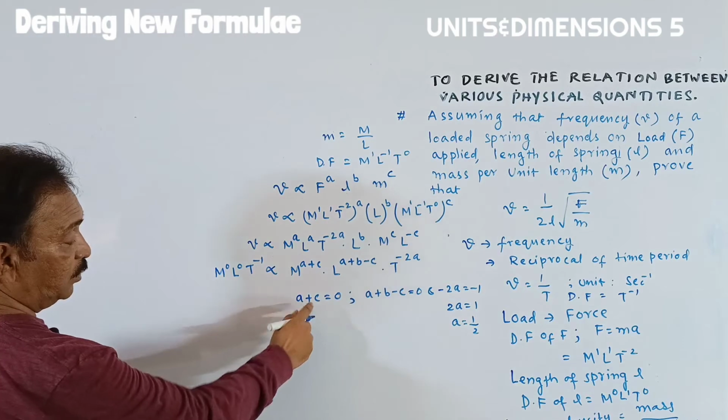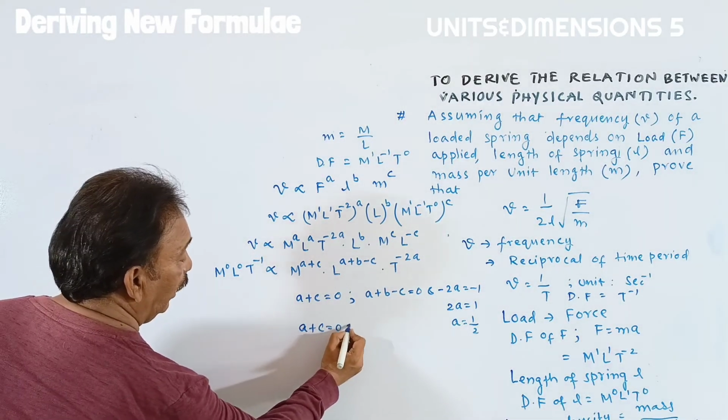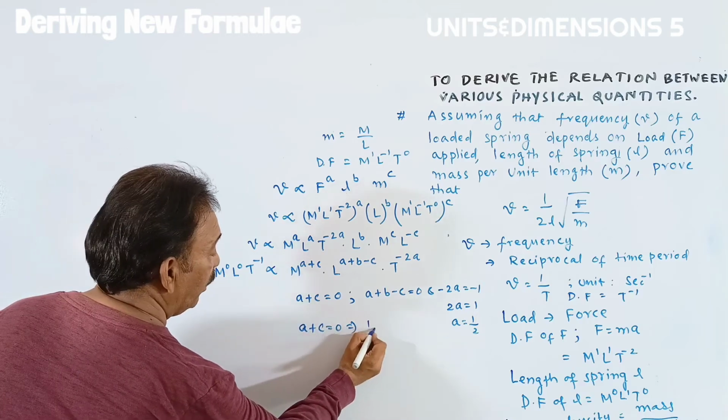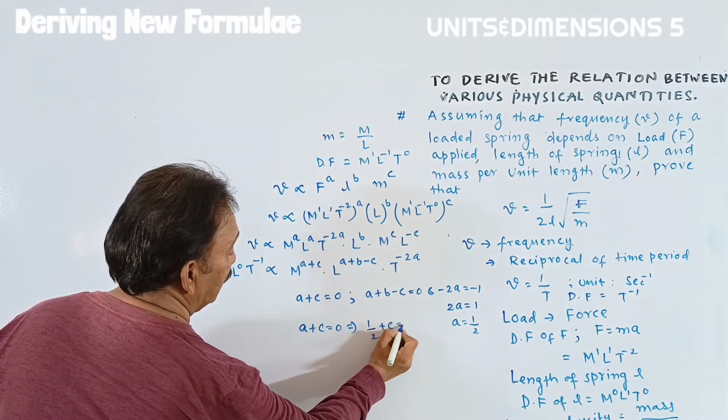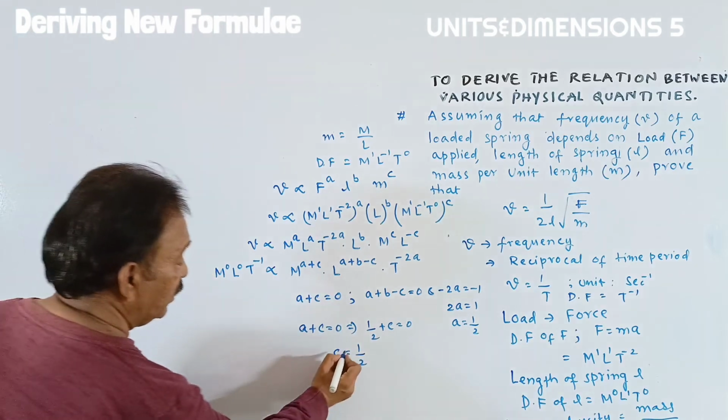We had the value of a is equal to 1 by 2. Here I am substituting in a plus c is equal to 0. a is equal to 1 by 2, plus c is equal to 0, and c is equal to minus 1 by 2.